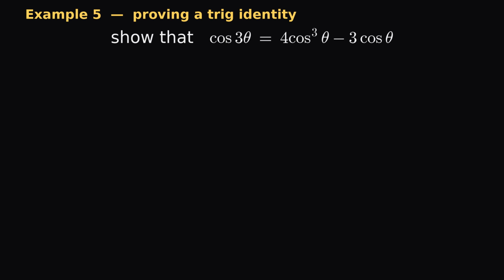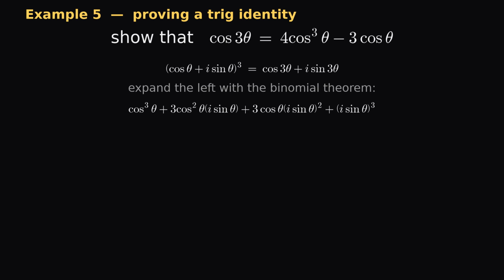Show that cos 3 theta is 4 cos cubed theta minus 3 cos theta. By de Moivre, (cos theta plus i sine theta) all cubed is cos 3 theta plus i sine 3 theta. Now expand the left-hand side with the binomial theorem.